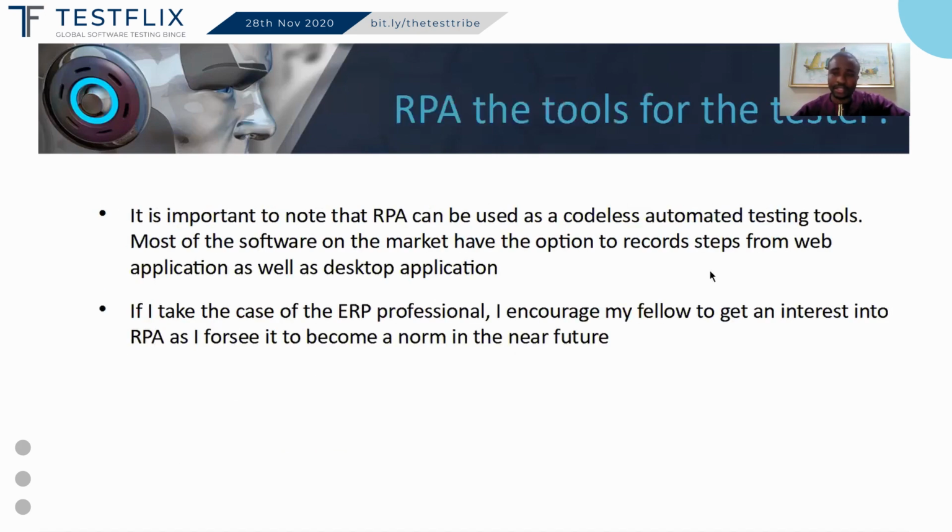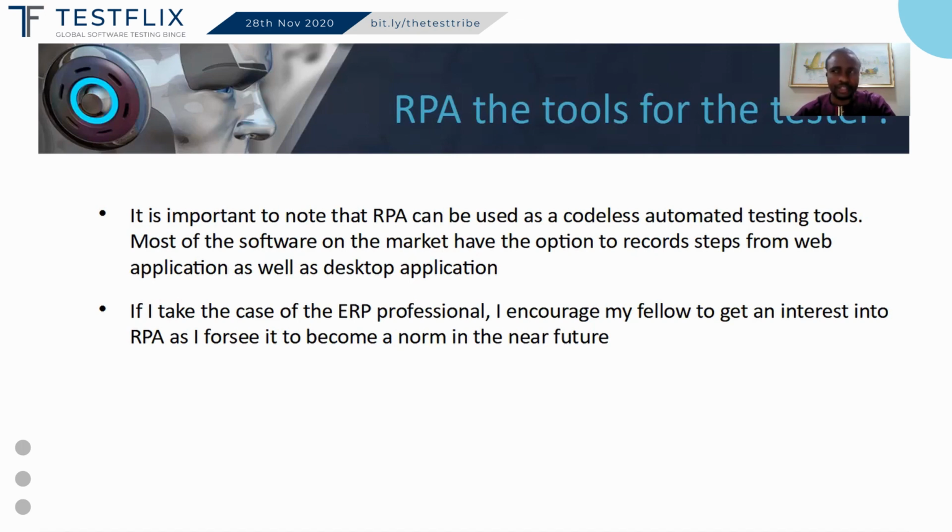Okay, so the next slide will basically be around RPA, the tool for this tester. I've realized that RPA can be used as close to a codeless automated testing tool, because you can program the task and it can repeat by itself.